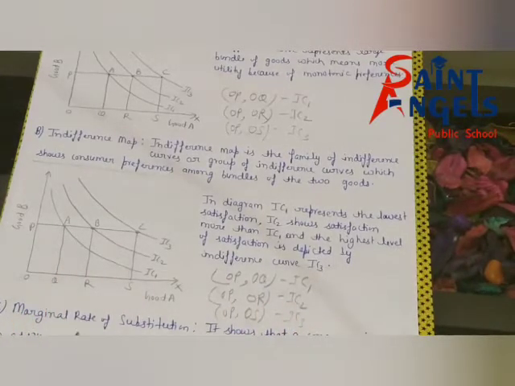It means that this is the first bundle of IC1, this is the second bundle of IC2, and this is the third bundle of IC3.